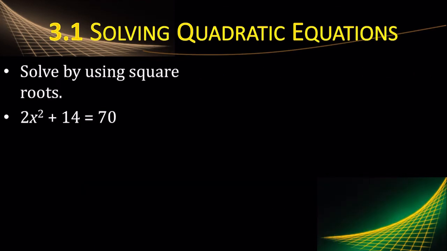Or we could solve by taking square roots. Notice there is only one term here that has x, and it is the x squared. So we're just going to move everything away from that x squared. So I'll probably start by subtracting 14 from both sides. Then I'll divide by 2 from both sides to get the x squared by itself.